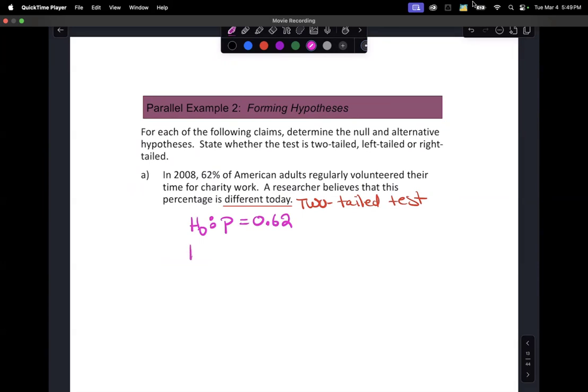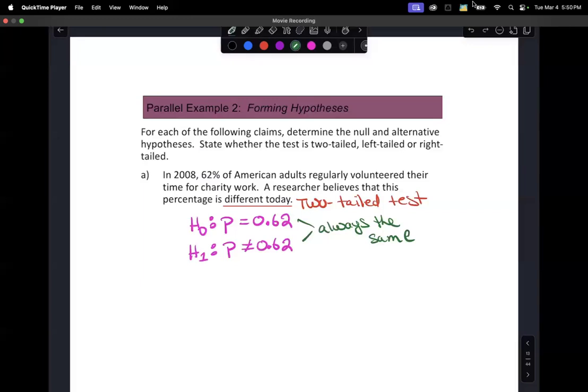Our alternative hypothesis is going to be p is not equal to 0.62. These two numbers are always the same. The only things that change are null to alternative and your symbol. Those are the only things that change.